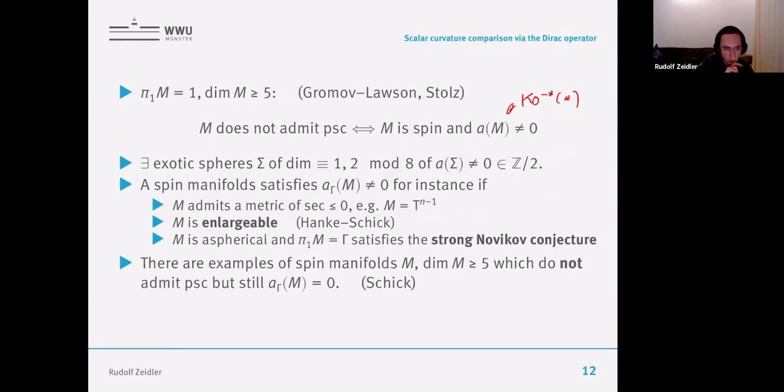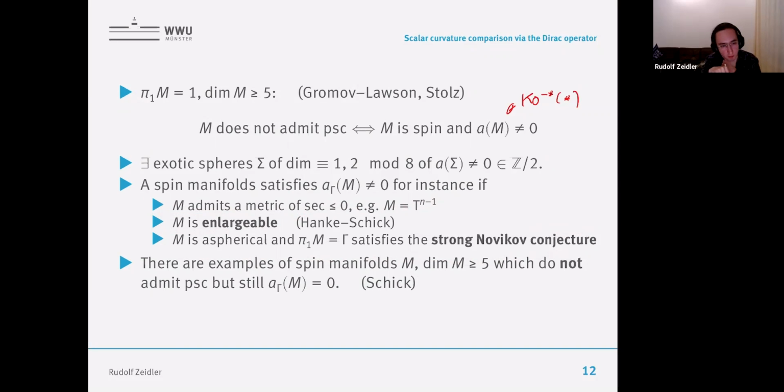Also, if M is enlargeable, this also holds. This is a result of Hanke-Schick, and I guess it is a generalization of this. Another generalization of the first statement is that if M is spherical and the fundamental group satisfies the strong Novikov conjecture, then more or less by definition, this index will be non-zero.